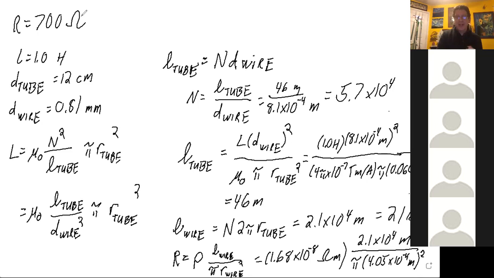And then you can use that to solve for the length of the tube, and how much copper wire you get from that is equal to N times the circumference of an individual loop, and then you just go from that. So any questions about this problem?